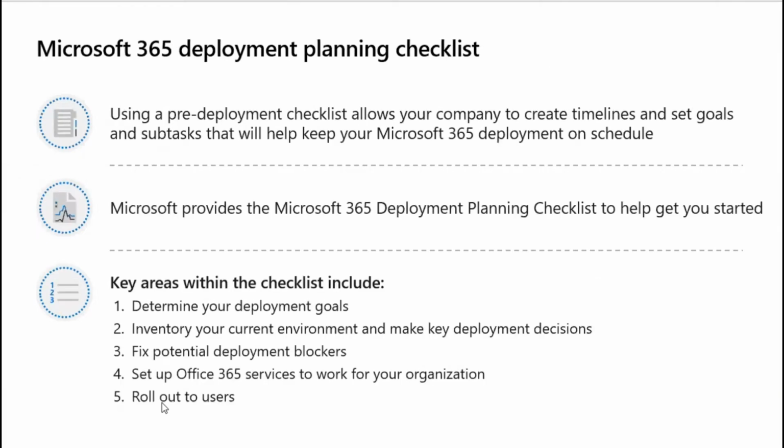And when you do deployment, maybe you check these steps: determine your deployment goals, inventory your current environment and make key deployment decisions, fix potential deployment blockers, set up Office 365 services to work for your organization's rollout to users. They are the checklist, right? We need to organize our requirements.